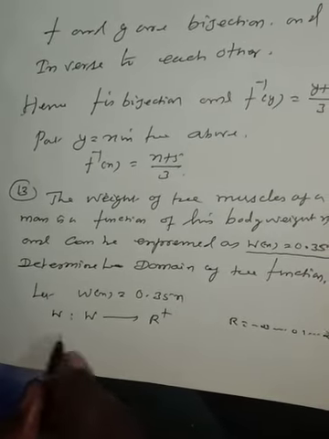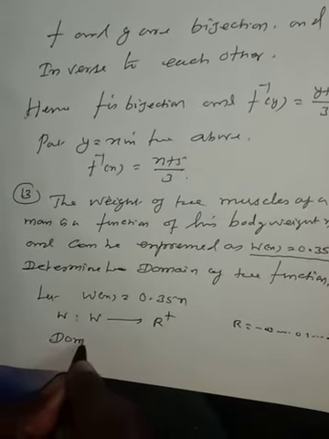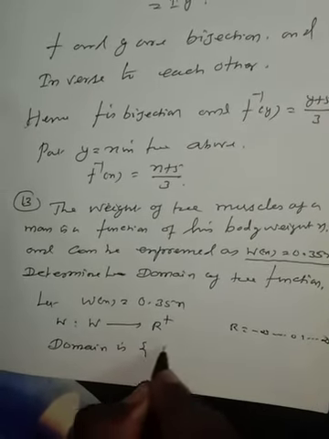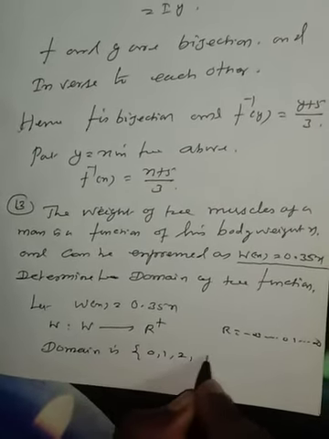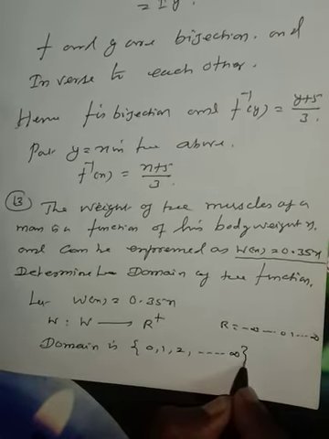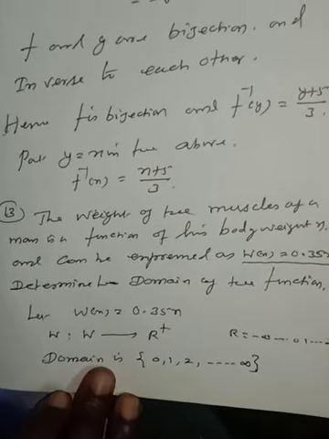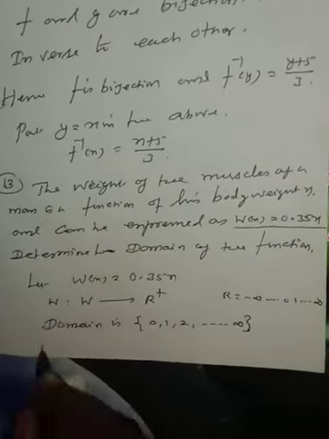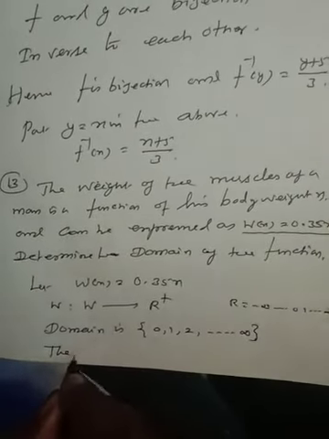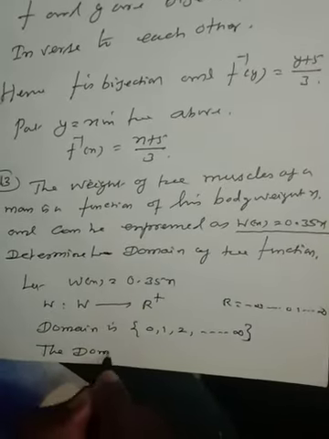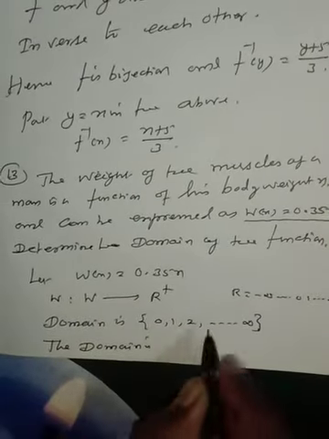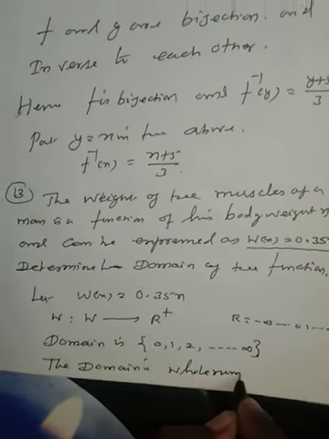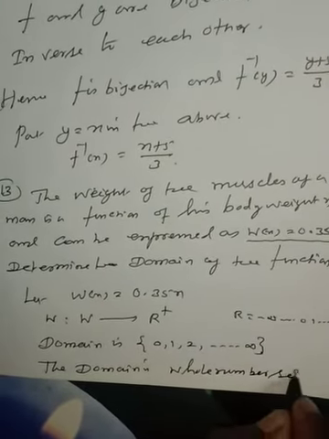We get the domain as 0, 1, 2 and so on to infinity. The domain is the whole number set.